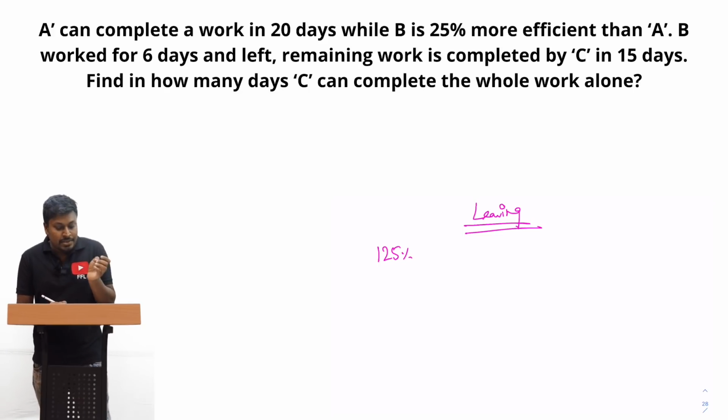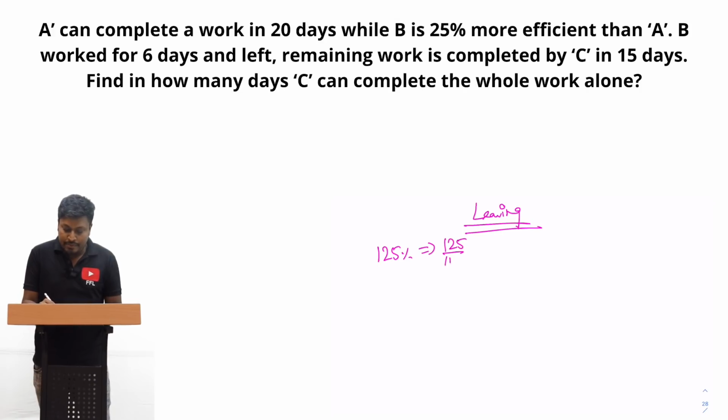So now B is 25% more efficient. So it can be taken as 125%, which can be written as 125 by 100. If you cancel it on the 25 table, it is 5 by 4. Now we know A can complete a piece of work in how many days? 20 days. And B is how much efficient? 25% more efficient, which is 5 by 4.